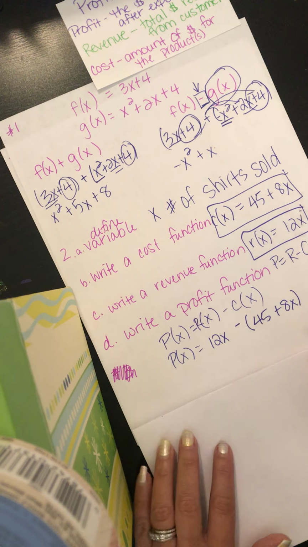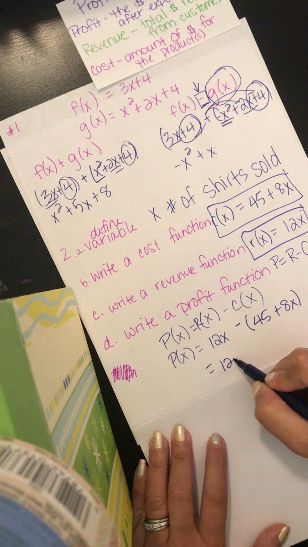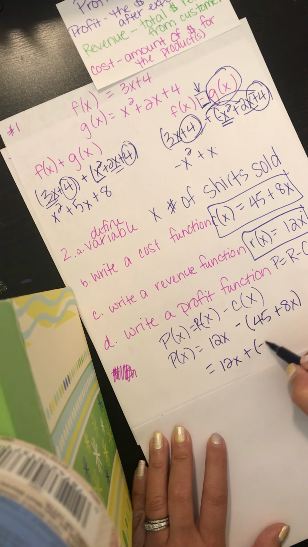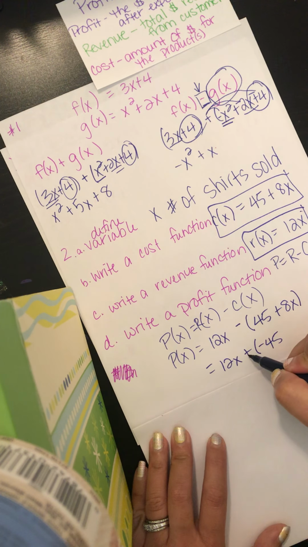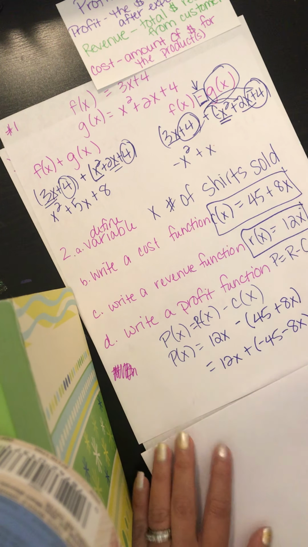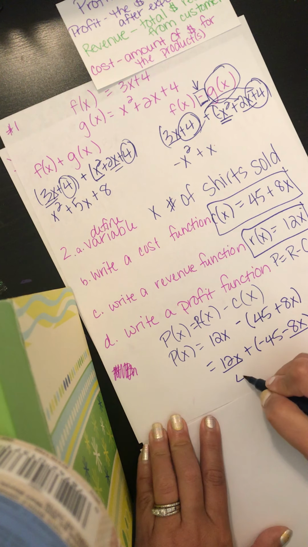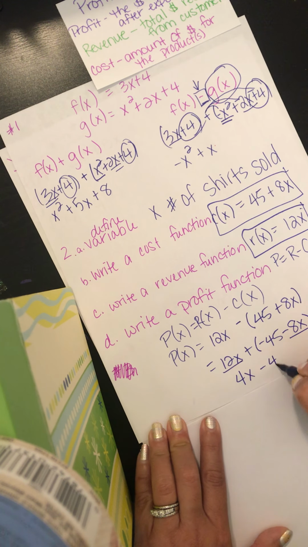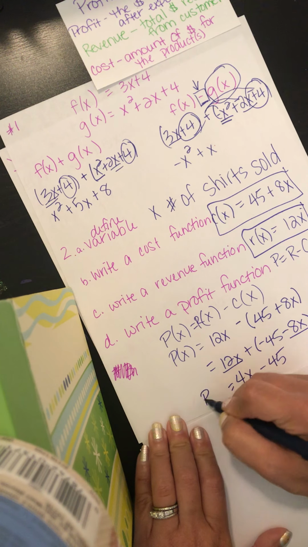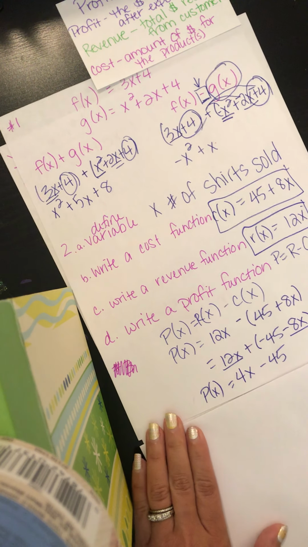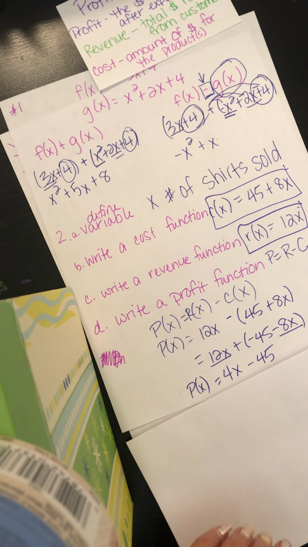So in this case, I change my sign to addition. Everything changes inside. And then I can combine like terms. 12x minus 8x is 4x, minus 45 that didn't have anything to be combined.